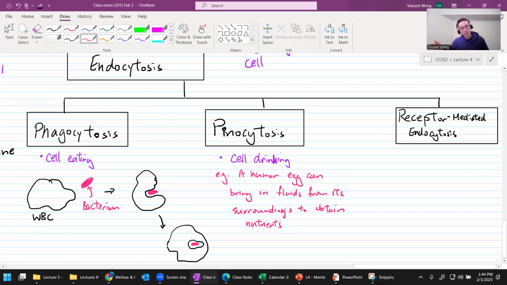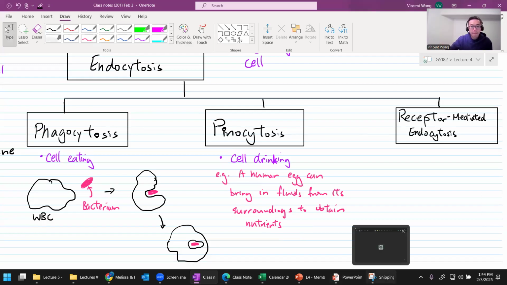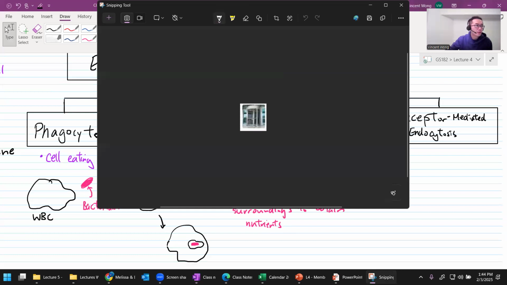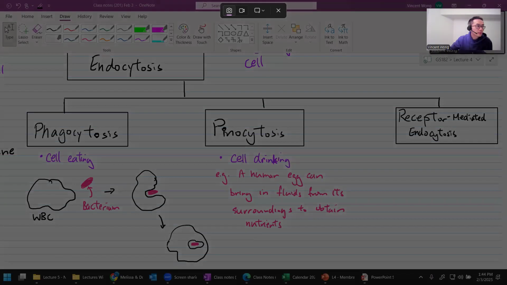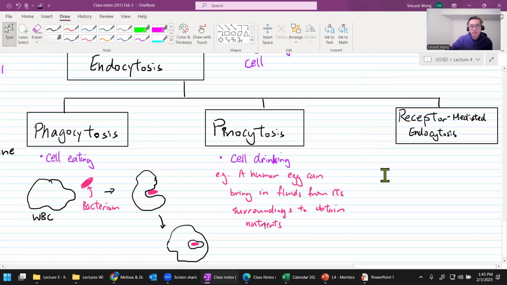Okay, so whatever is dissolved in that fluid, it's going to get internalized, and then you're going to be able to use that energy.